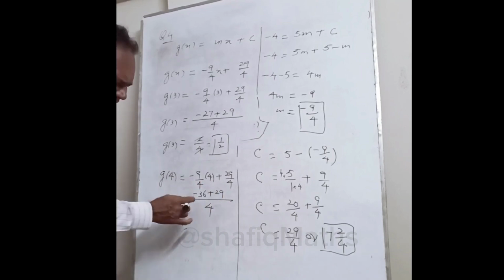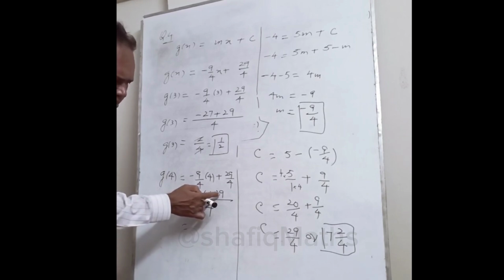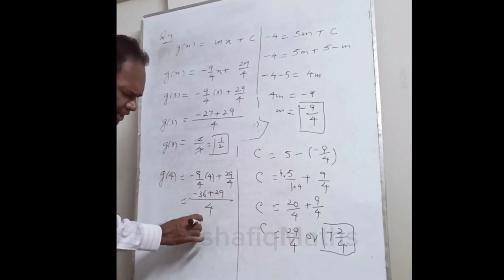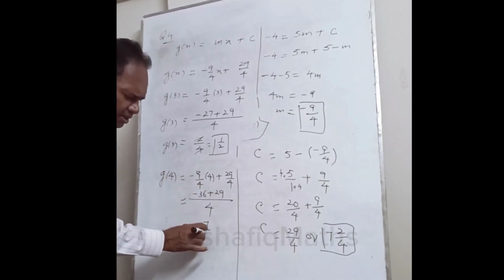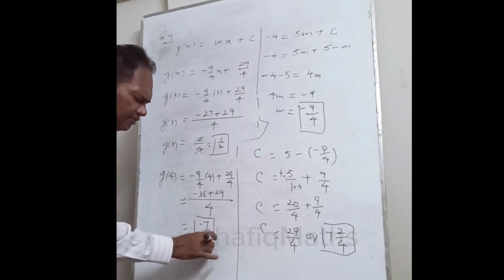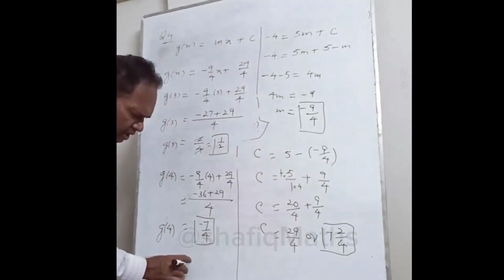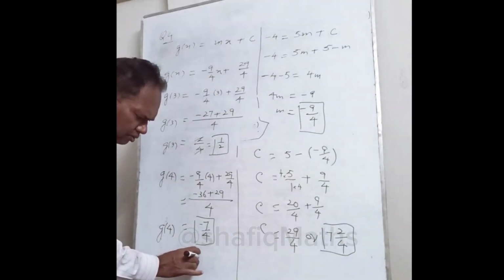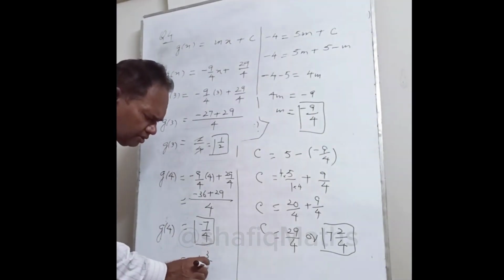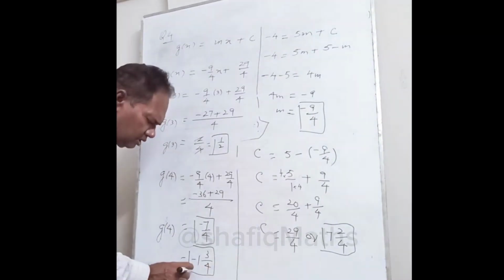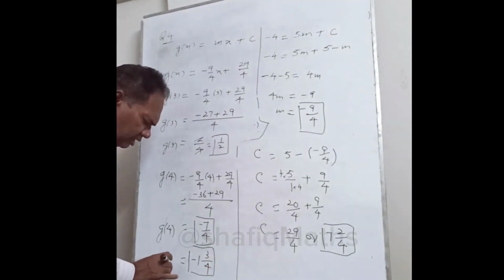Then you do subtraction, 36 − 29, so you will get 7 with a minus sign. So our answer will be this one, or we can write −1 whole 3/4. This is our final answer.